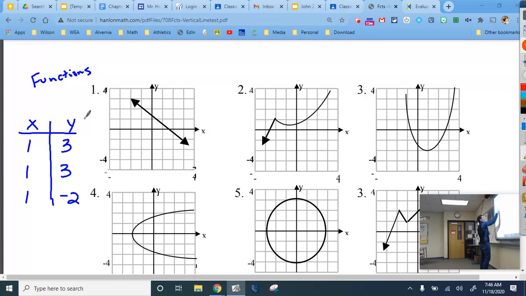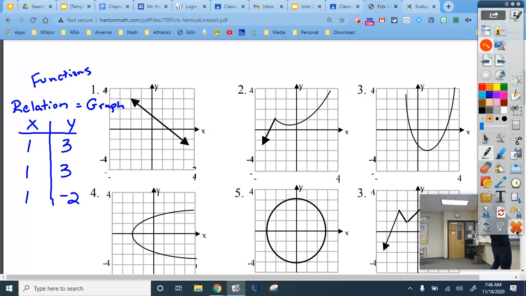The other terminology that we should review is a relation, okay? And a relation is anything that you can graph, okay? So pretty much if it has an x and a y value, you can graph it, okay? Meaning I can look at all of these graphs that we're going to talk about today, and if they're on an xy axis, they're all relations, okay? So what we're trying to figure out today is just looking at them graphically, which ones are also functions, okay?